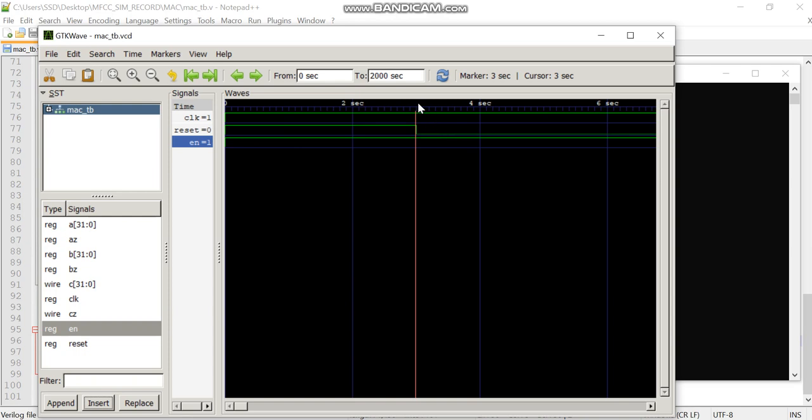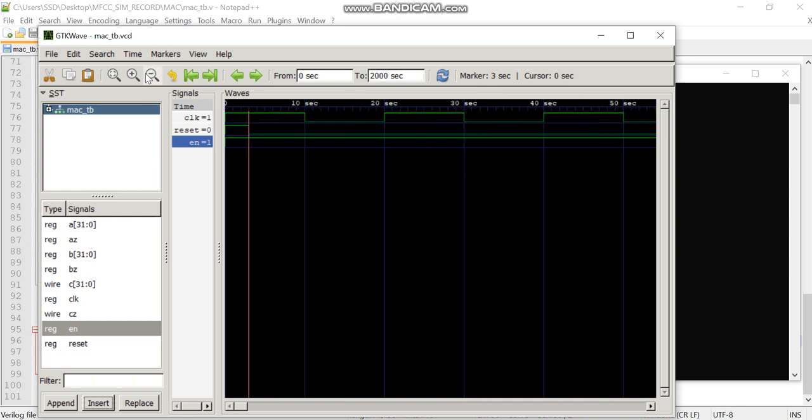That is exactly at #3 I have made it 0, so at 3 seconds it was 0. And enable, I have taken it always as 1, and the clock period is 10, or rather it is 20. The complete clock period is 20. So one half cycle is 10 and the other half is 10.